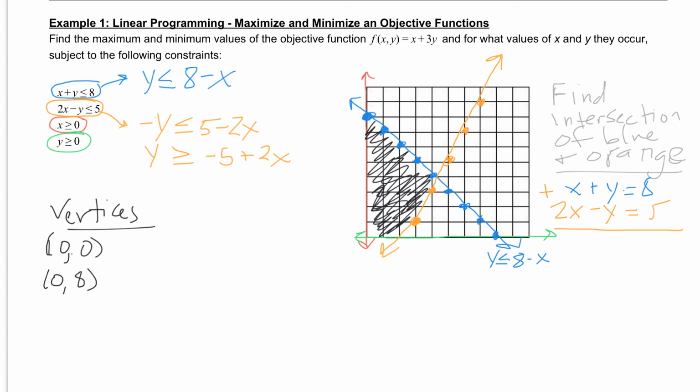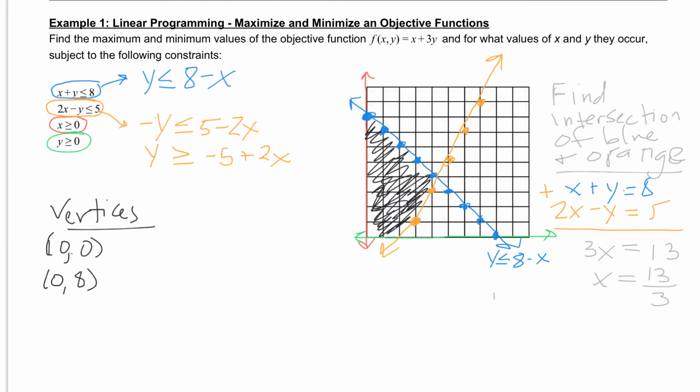If I solve this, I should notice right now my y's are opposites, so they will be eliminated. So I can go ahead and add my x's. 1x plus 2x will give me 3x equal to 8 plus 5, which is 13. And if I divide both sides by 3, I get x to be 13 over 3. And then I need to find y, so I can use the fact that x plus y is equal to 8.